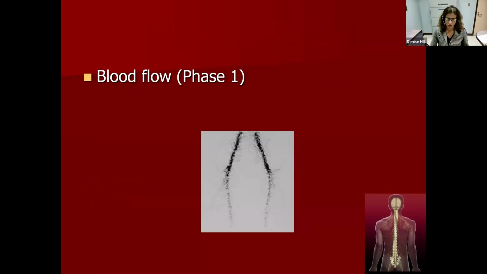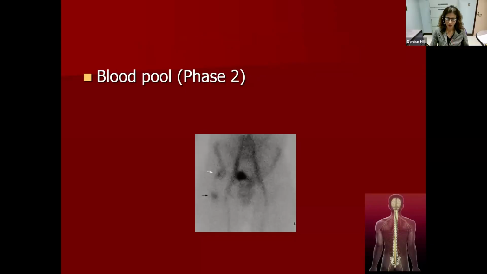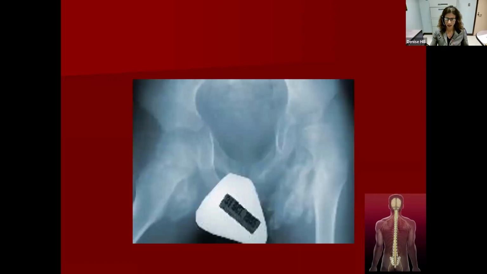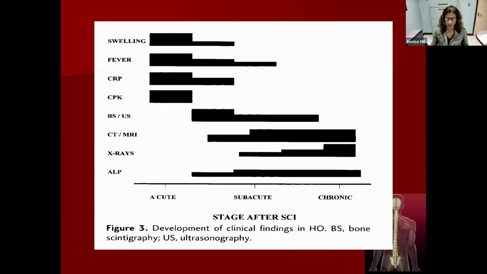The blood flow phase is not positive, but in the blood pool phase we start to see the uptake. The blood pool and bone uptake phases of the triple phase bone scan are what we use for HO. Here's an x-ray that shows there's already been some flocculated change in the muscle around the hip.